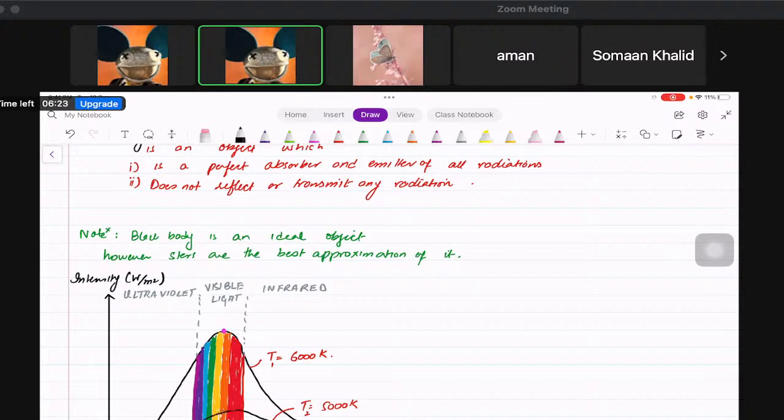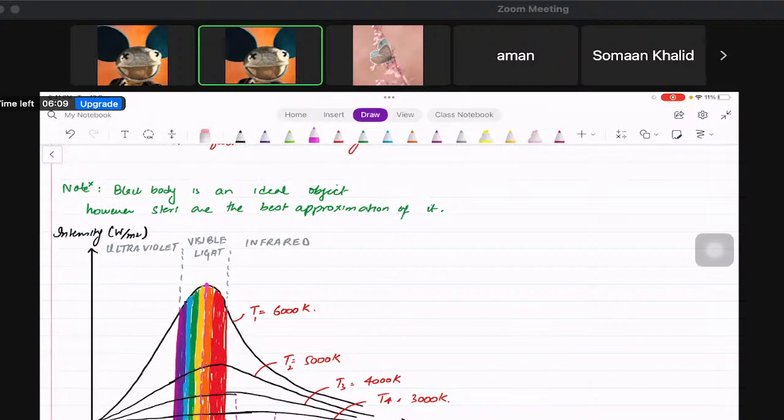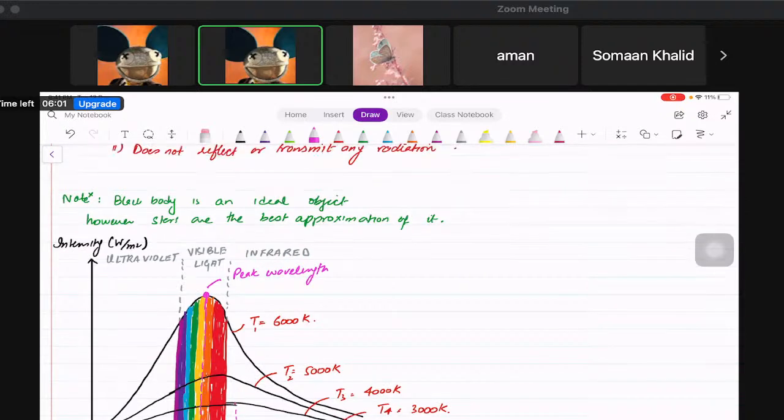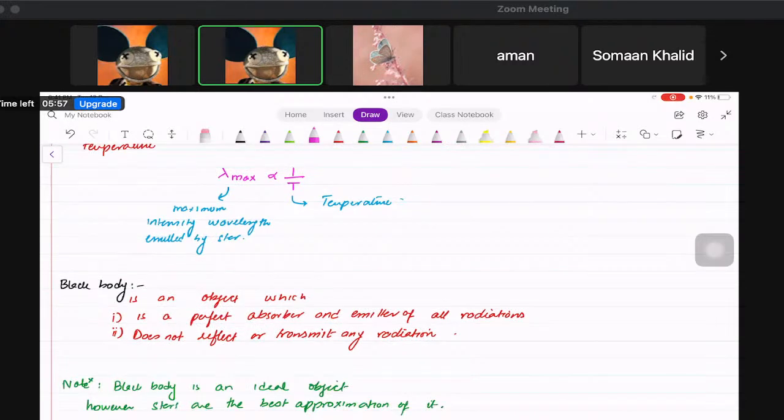Now it's perfect, right? So the point of all this is that you can draw spectrums from the spectrum you receive from the sun, or from any star really. So you can find the peak wavelength, and from that you can put it into this formula. You can compare it with the sun's temperature, and you can find different values.